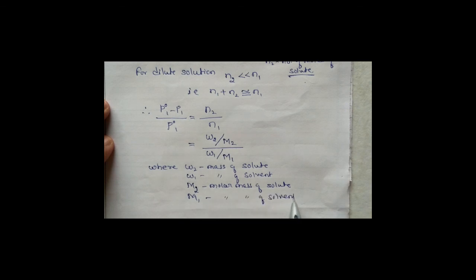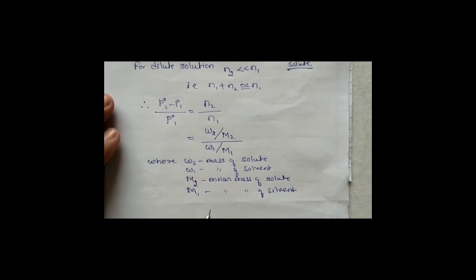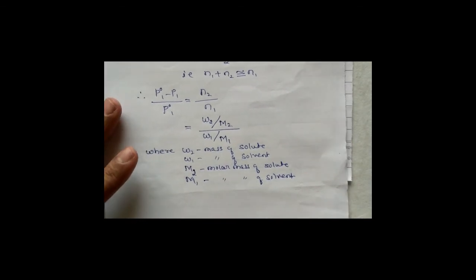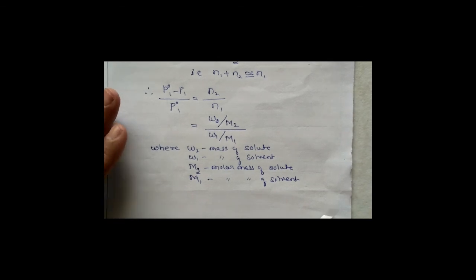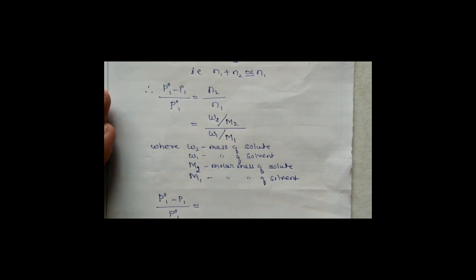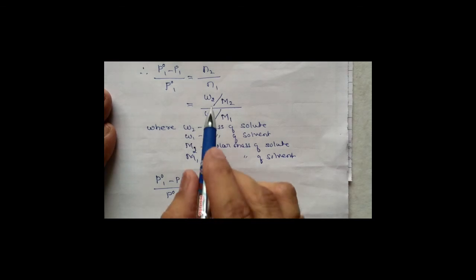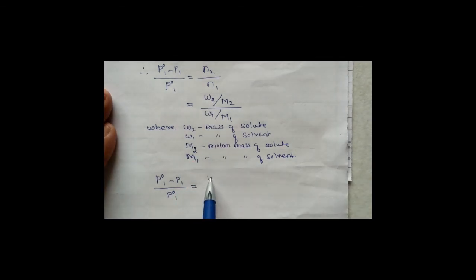So therefore we can rewrite the expression, simplifying it like this: P01 minus P1 divided by P01, that is the relative lowering of vapor pressure, equal to W2 stays on top. Okay, this M2 comes in the denominator, this M1 goes to the numerator, W1 remains as it is.